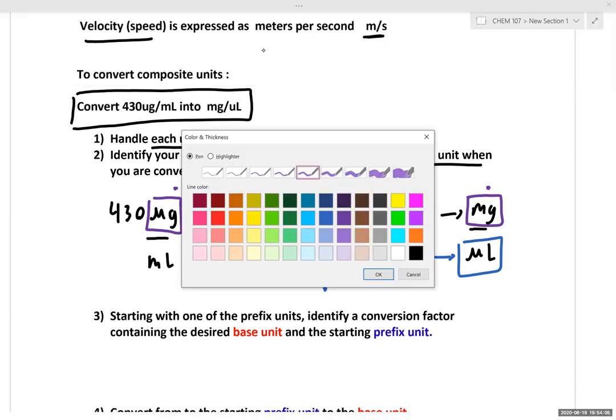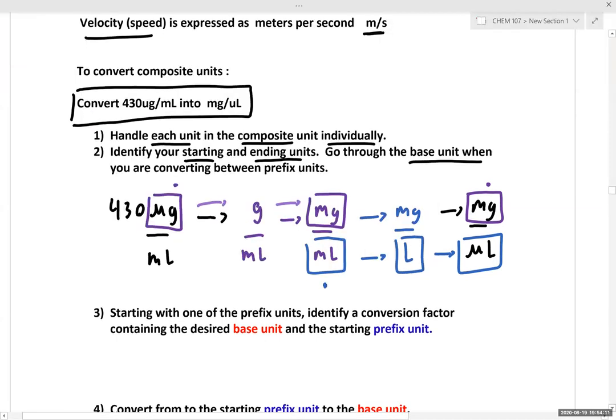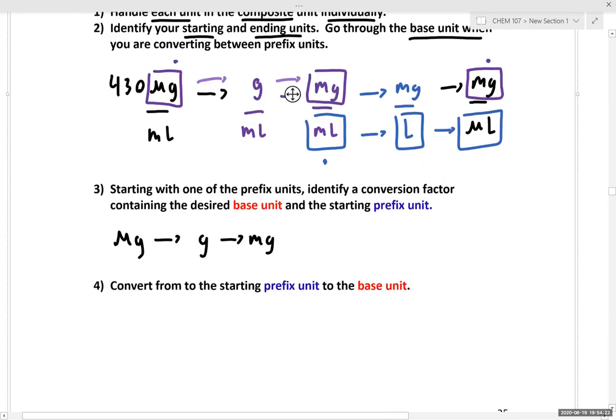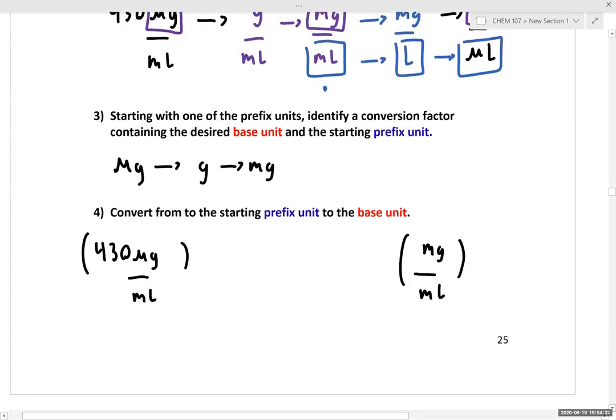Okay, so step by step, we're going to start with one of our prefix units. We're going to deal with the top part first. So we're going from micrograms to grams to milligrams, okay? If we have 430 microgram per mil, and our goal is to end up at milligrams per mil, we're going to need to set up some unit conversions.